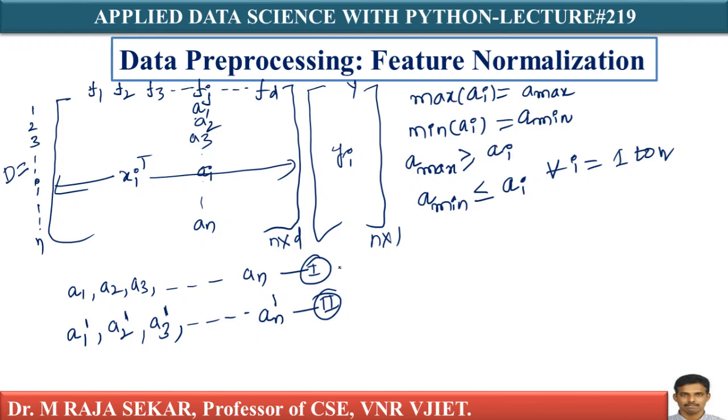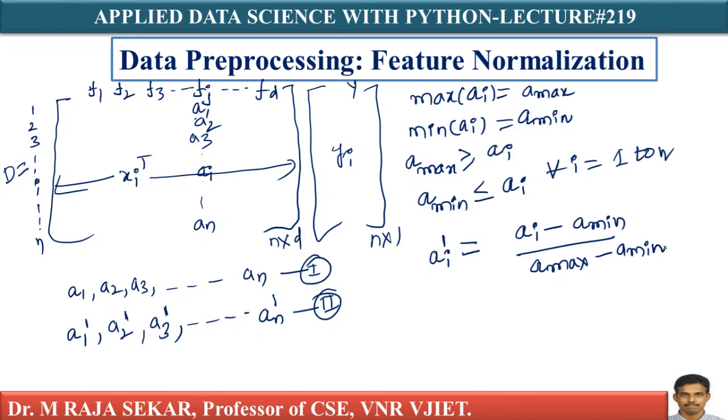We have to create a new data vector. How do I create it? My formula is simple: Ai dash is nothing but Ai minus A min, divided by A max minus A min.